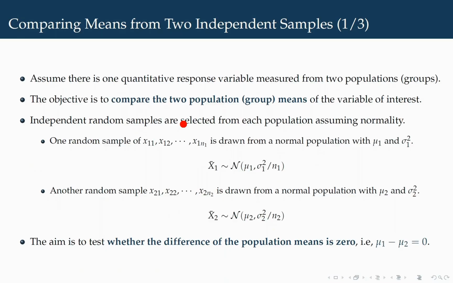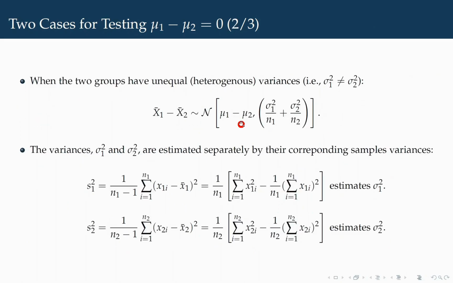So here, variance of x bar 1 is sigma 1 square over n1. Variance of x bar 2 is sigma 2 square over n2. Therefore here variance of x bar 1 minus x bar 2 is nothing but variance of x bar 1 plus variance of x bar 2, using the rule of expectation.